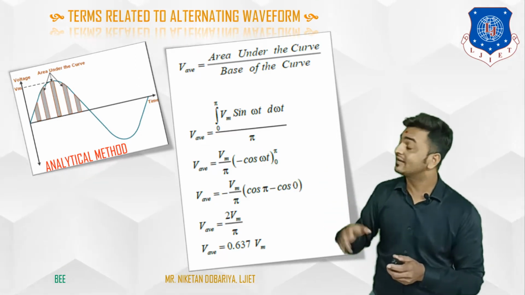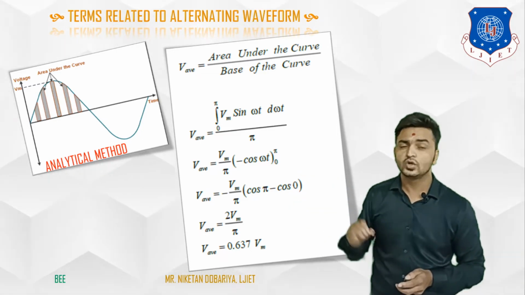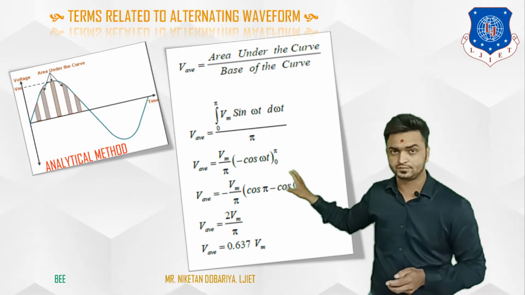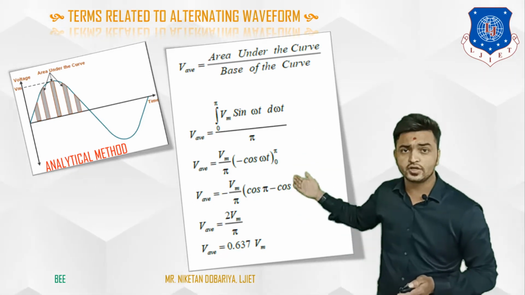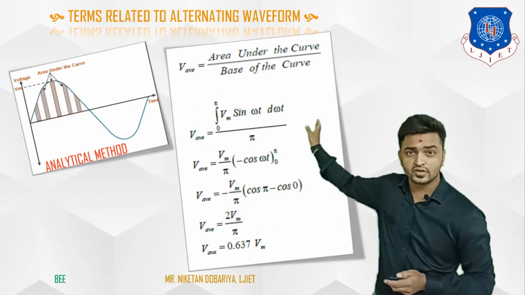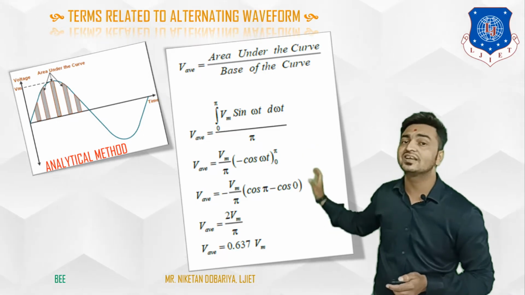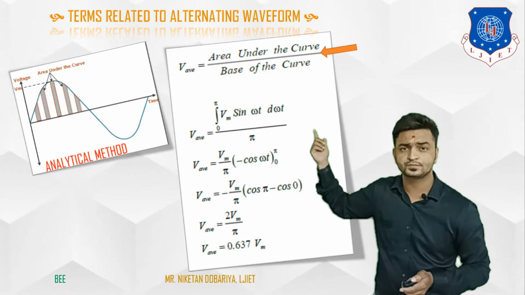So if we divide that area by pi, that provides the average value for that waveform. So let's start the integration. Average value is the integration of a particular area divided by the base length of that waveform, as mentioned in this first equation.